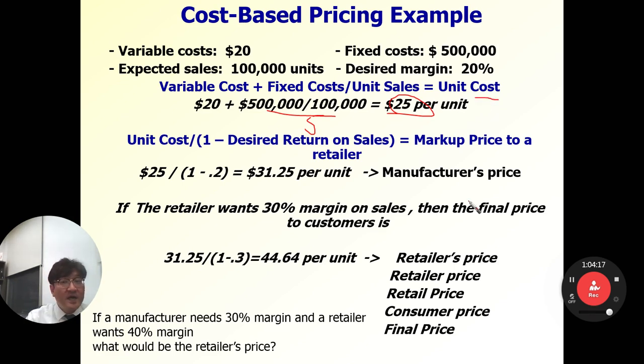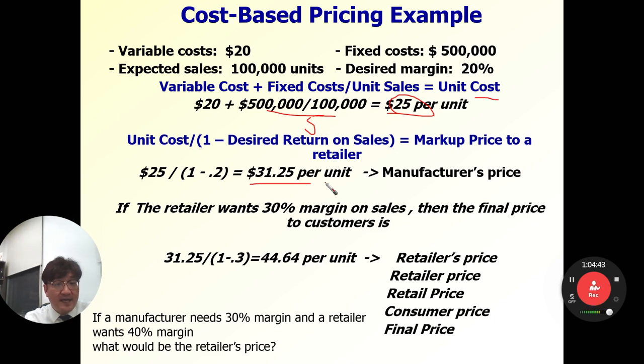Since we have the unit cost, to calculate the markup pricing you need to divide this unit cost by 1 minus margin on sales, which is 20%. So $25 divided by 1 minus 0.2 gives you $31.25.